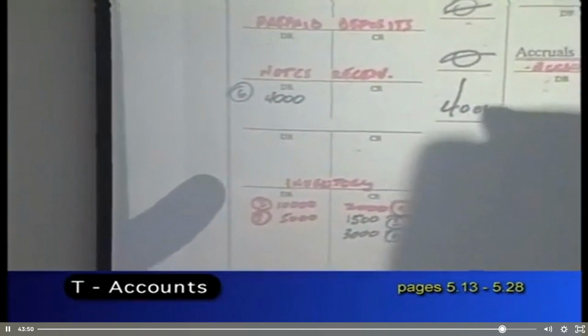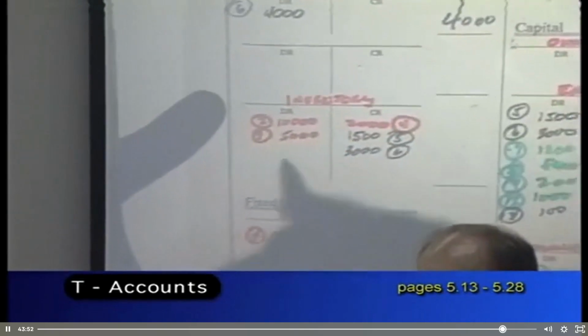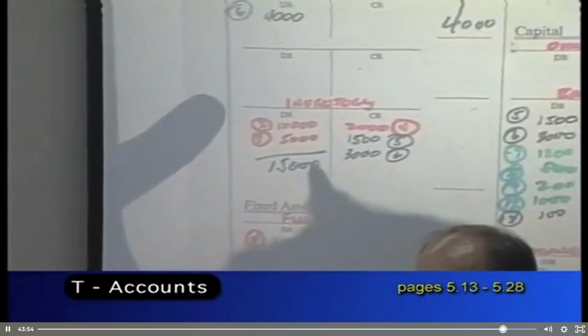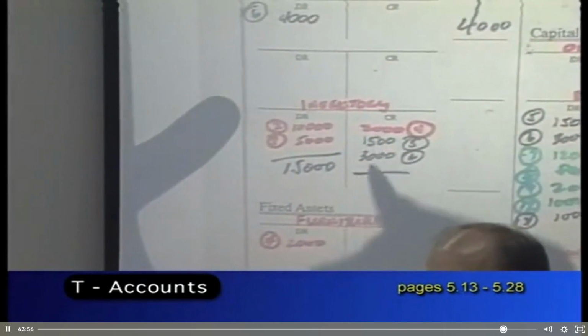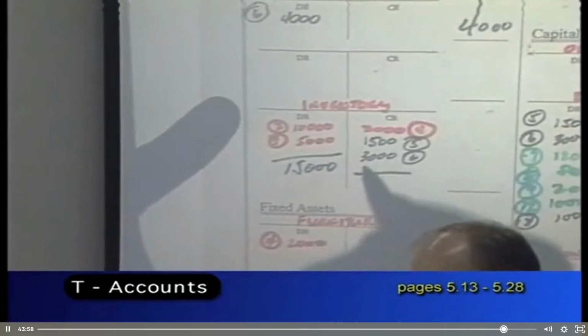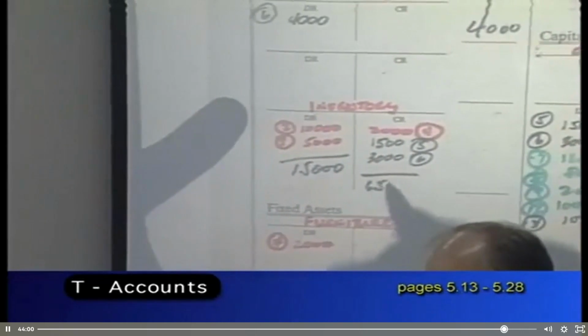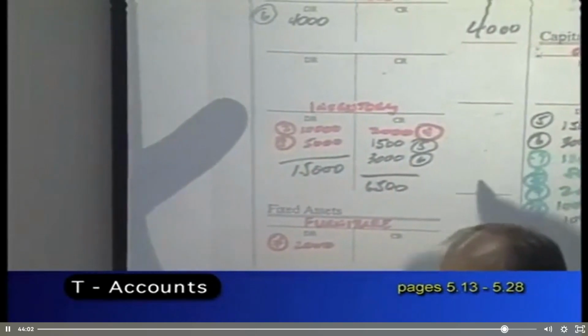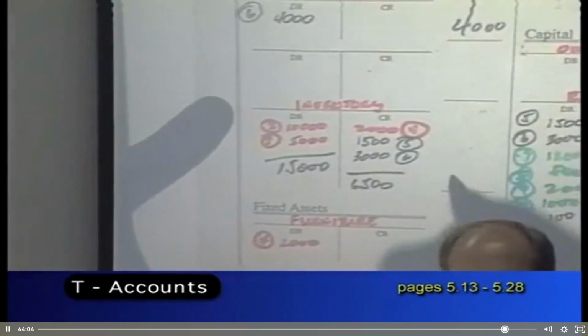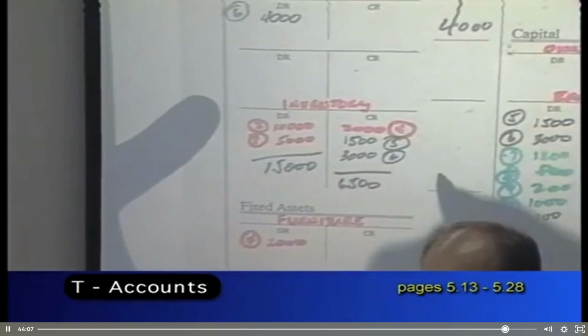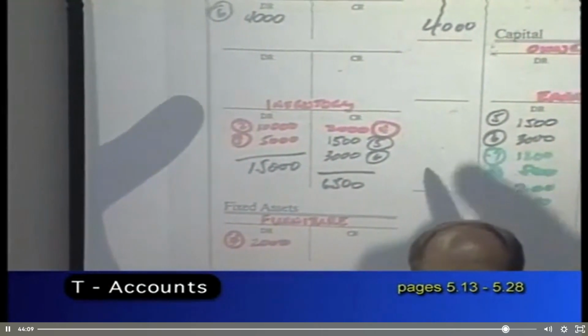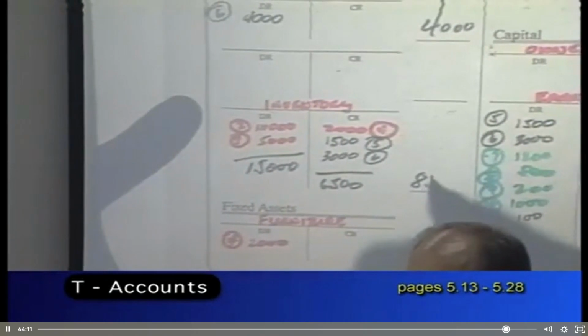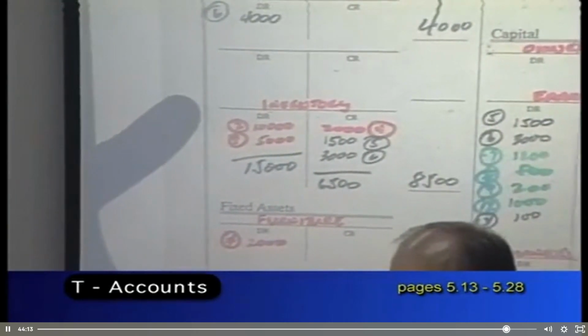Notes receivable is $4,000. Inventory. We bought $15,000 worth of inventory, but we either used or sold it looks like $6,500. Is that right? So that means we've got how much in inventory? I think it's 8,500. Is it 8,500? 8,500. And then we got 2,000 in furniture.